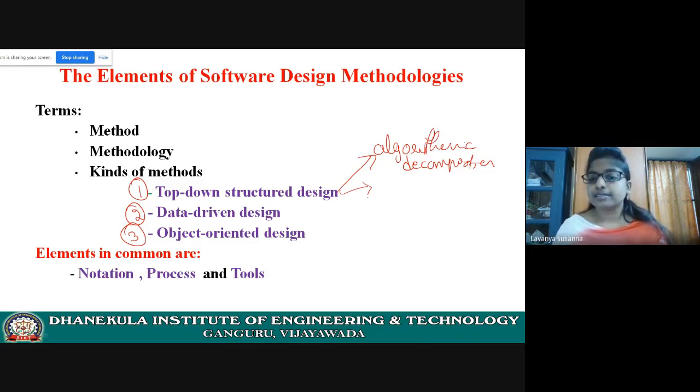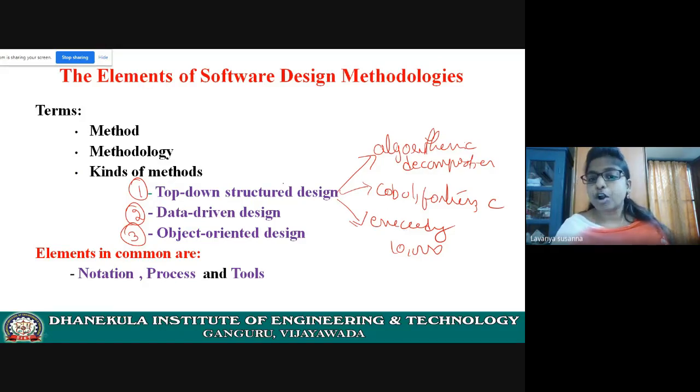Next, what are the languages that use this design? The languages that use this design are COBOL, Fortran, and C. These are the languages that use top-down structured design. And the problem is that if the application exceeds around 10,000 or 1 lakh lines of code, then the code will fall apart.